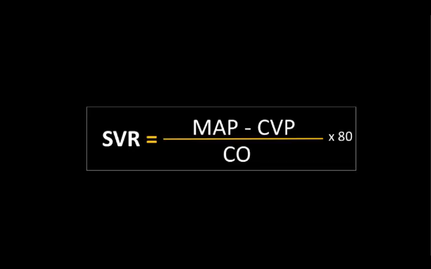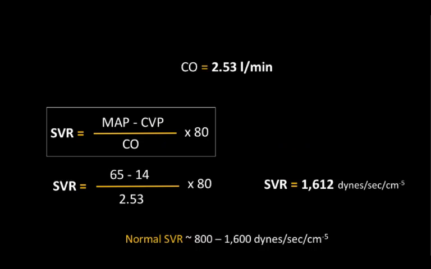The last piece: now that you have the stroke volume, you have that number, you can integrate those numbers into a formula and actually have a decent idea of what your systemic vascular resistance is. We use the systemic vascular resistance as a broad marker of how good or bad the peripheral tone of that patient is.